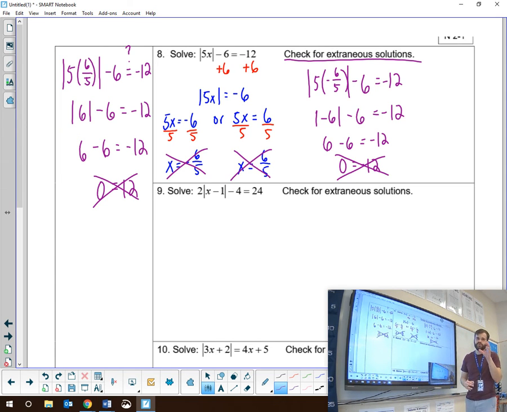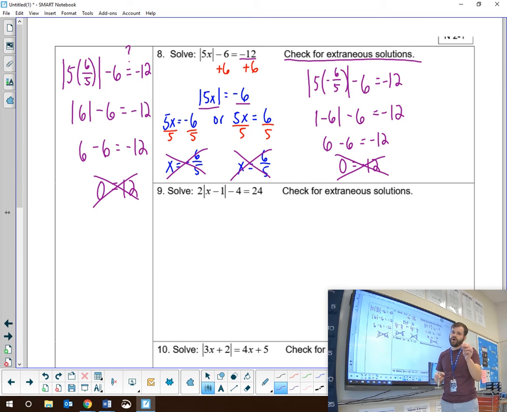Now let me explain to you why neither of these work after we solve. Look here. It's equal to a negative number. This absolute value of 5x is equal to negative 6. Is there anything that I can plug into an absolute value to equal a negative?